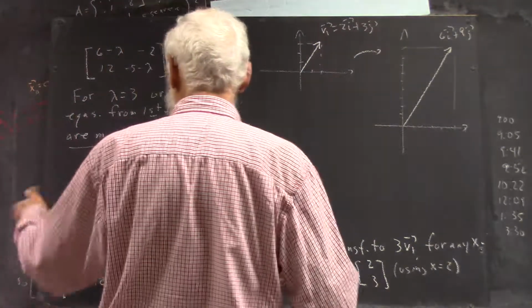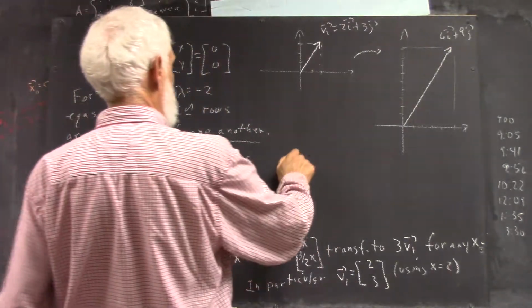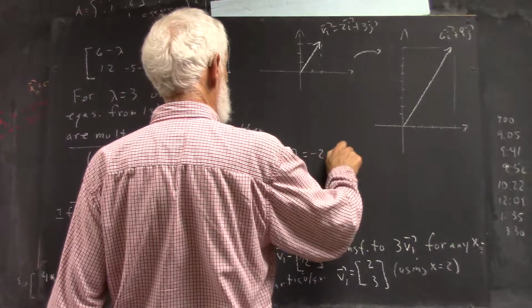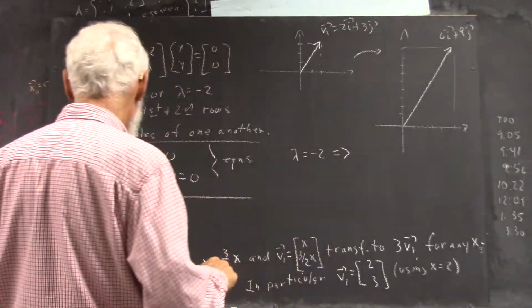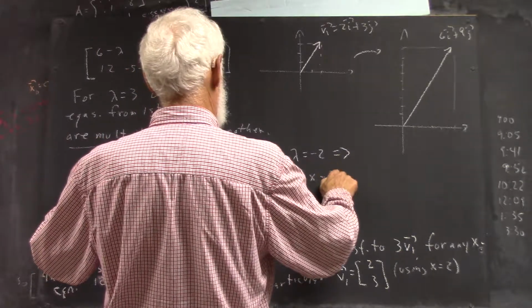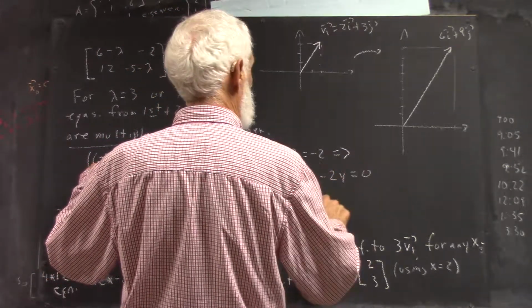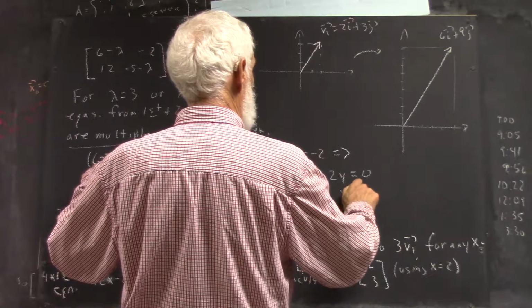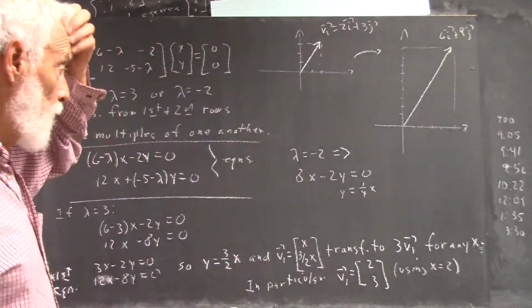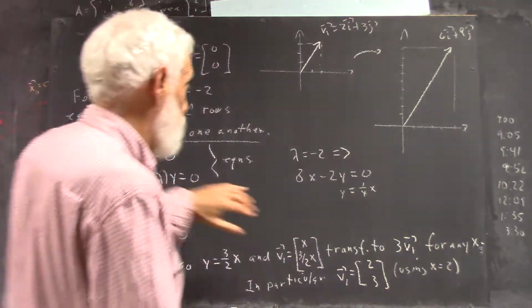Well, the other equation very quickly, and I'll just write down the result. Lambda equals negative 2 implies, among other things, that 8x minus 2y equals 0, so that y equals 1/4 x, not 4x.